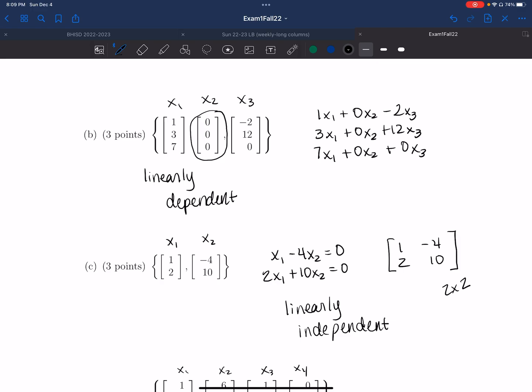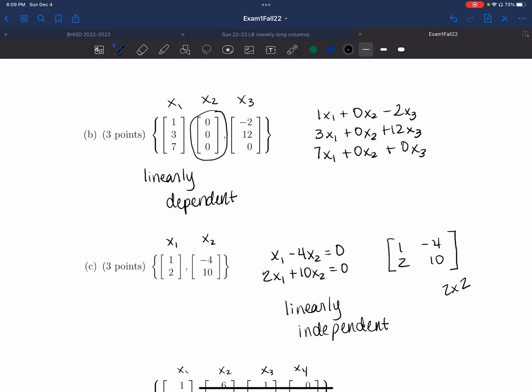Okay? Look, x2 is not independent. It doesn't matter what value of x2 we pick. It's going to work in all three equations. I can pick 10, I can pick 12, I can pick 200. It doesn't matter. It's going to zero out. Those rows are dependent upon each other because of that x2, because it's zeroed out.